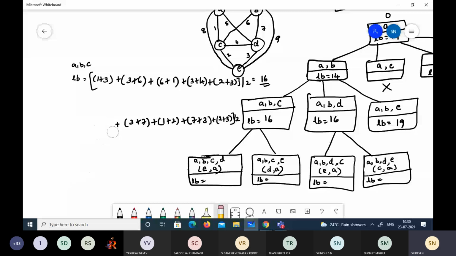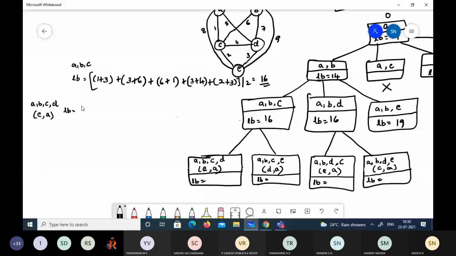Of this one we will see A, B, C, D, E and A. So for this, lower bound is, now see here, A to B fixed, we have 3 already. Then I can take E to A here. Here only I can just look and write down. E to A only I should take. E to A is 8.